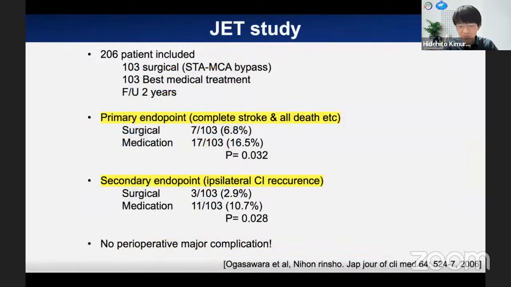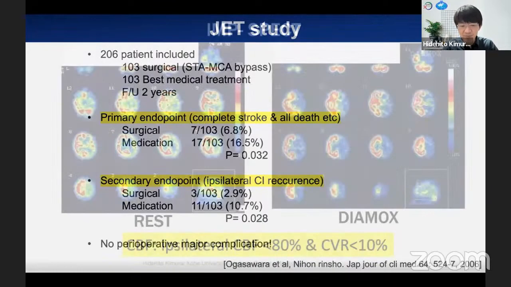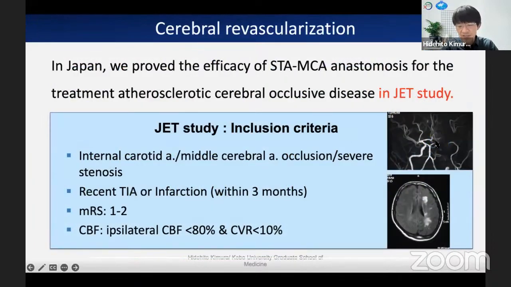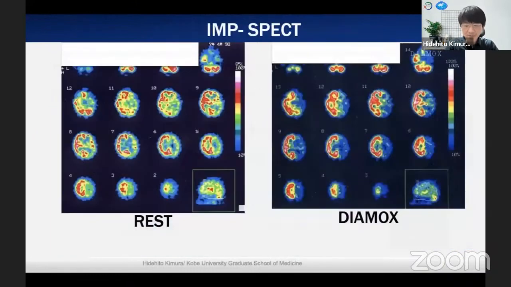But if you don't have the SPECT study, you can choose the patient if the patient is progressing in stroke, and has an IC occlusion, severe IC stenosis, or severe MCA stenosis. If on the next day after admission the patient's hemiplegic disability progresses, the patient can be a good candidate for emergency STA-MCA bypass. But if you have the chance to perform the SPECT study, you can evaluate the patient accurately like this.